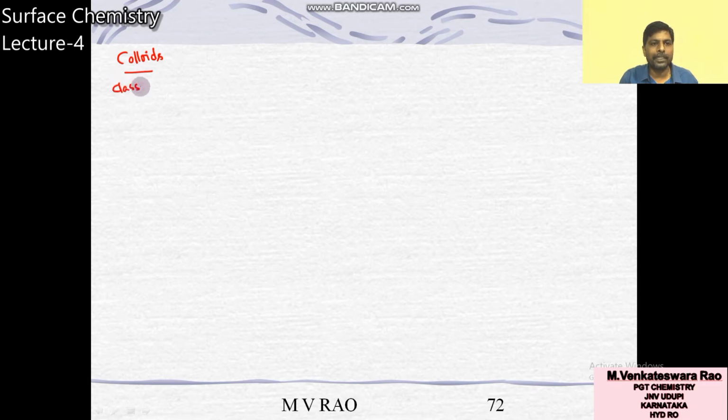classification of colloids. Here are three types: A, B and C. A, based on physical state, colloids are classified into a total of 8 types.